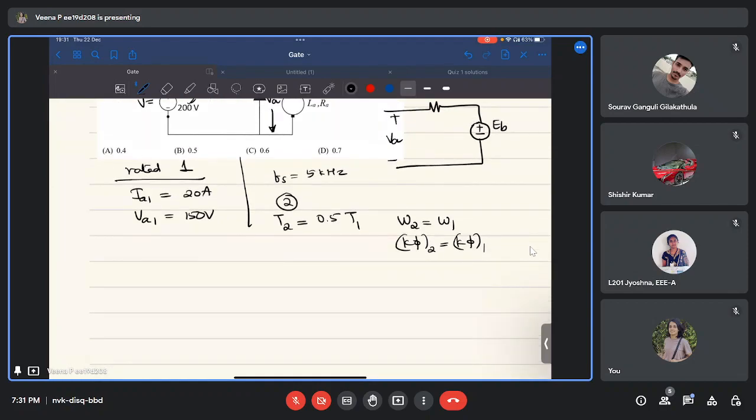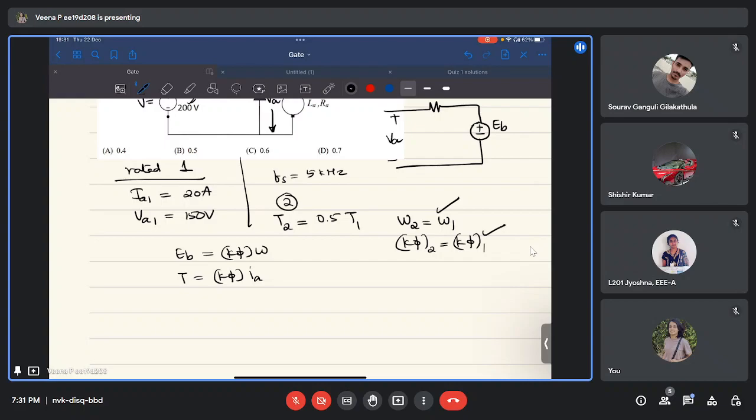Now let us take the two equations which we considered before, where the back EMF is equal to k phi times omega and the torque is k phi times Ia. Now it is given that the speed and field remain unchanged in both the cases.